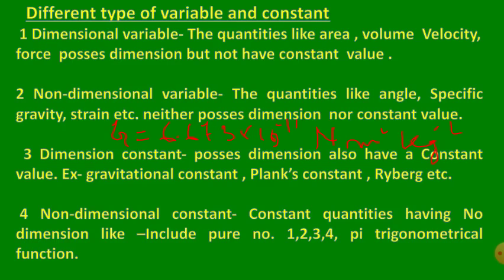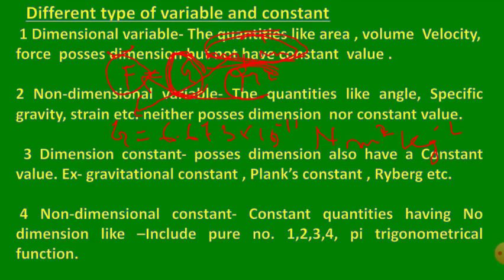Because Newton's law of gravitation states that force is equal to capital G, the product of the two masses, divided by distance square. So the unit for this universal gravitational constant will be Newton per meter square, and by cross multiplication, Newton meter square per kg square, since this will be kg into kg, mass into mass.